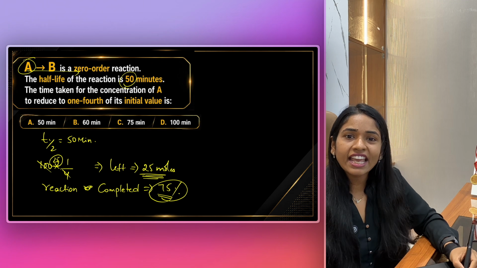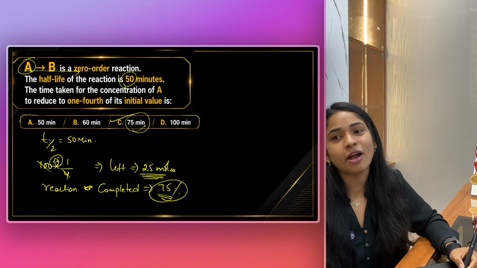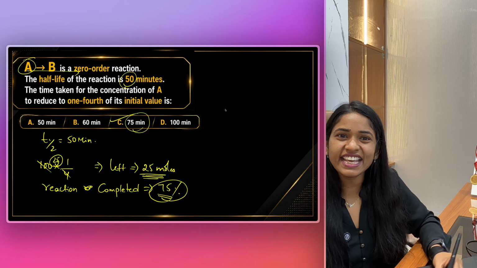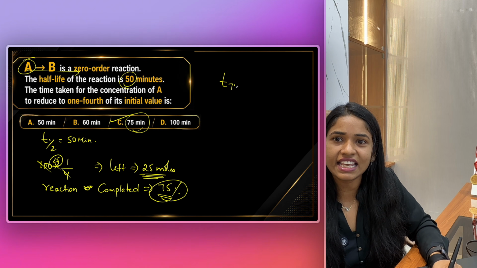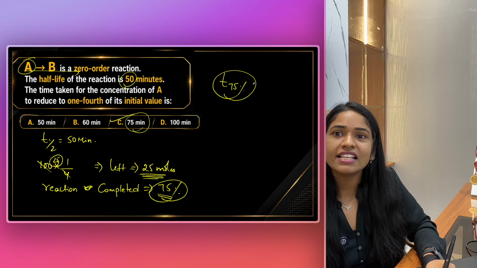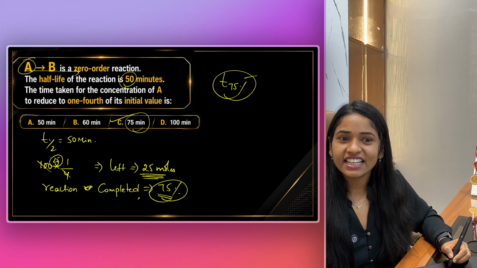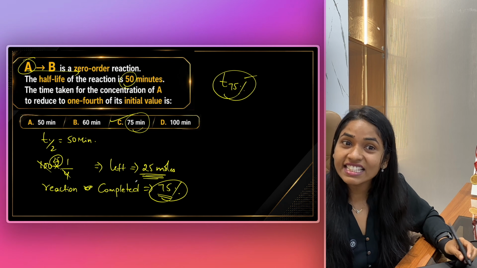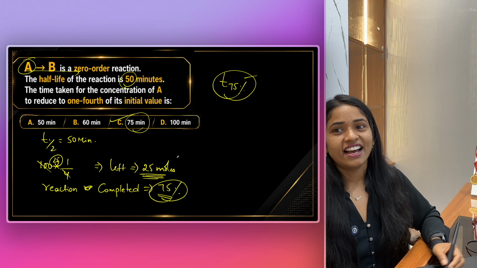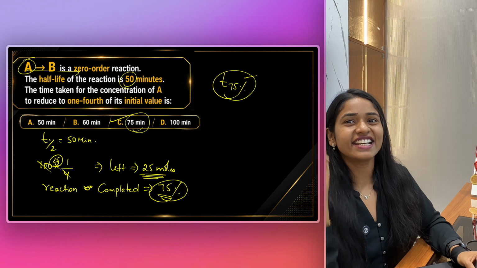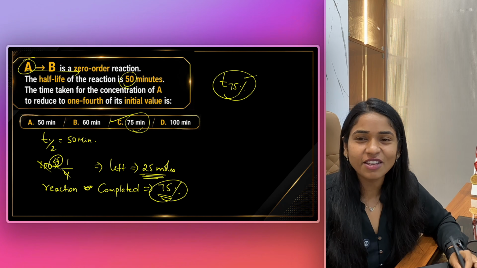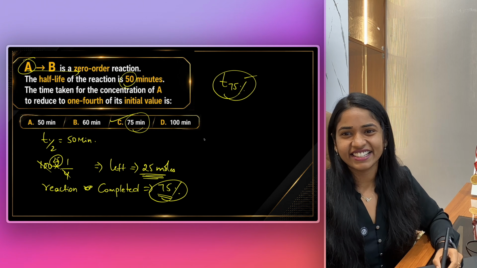So you can directly opt for the answer: 75 minutes is the time, T 75%, which is the reaction completed. Understand students, how easily you can solve the question. This is today's session. See you again in the next session with more and more tricks.